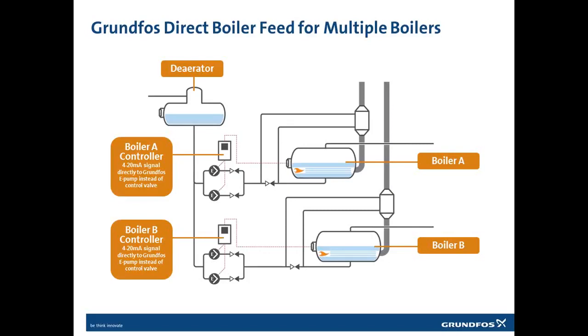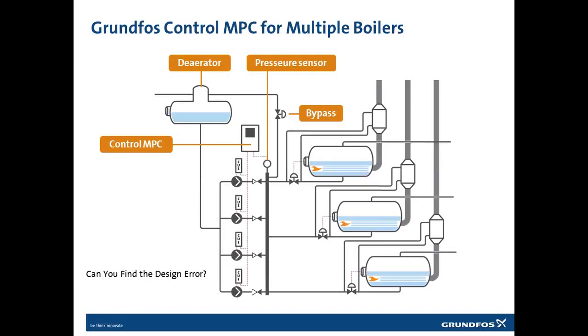If we have multiple boilers and we don't want to run this direct system, then we have to have a control valve on each boiler, and then we can use a control MPC to control a number of feed pumps. I have drawn 4 pumps on this one that could go from 2 to as much as 6.